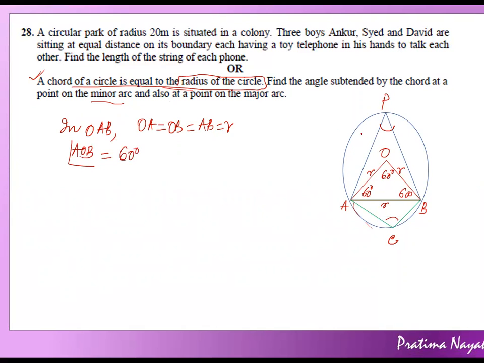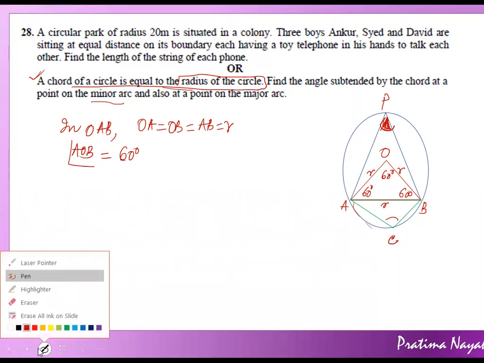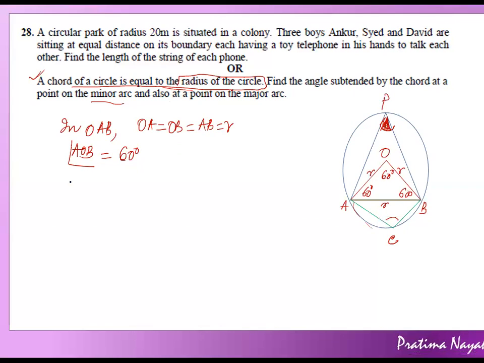When AOB is 60 degree, you can get this angle. How much it will be? Half of it, you know this theorem. Angle APB is equal to half of angle AOB, because AOB is double of your APB angle on the circle on alternate segment. So APB is equal to half of 60 degree, that will be 30 degree.